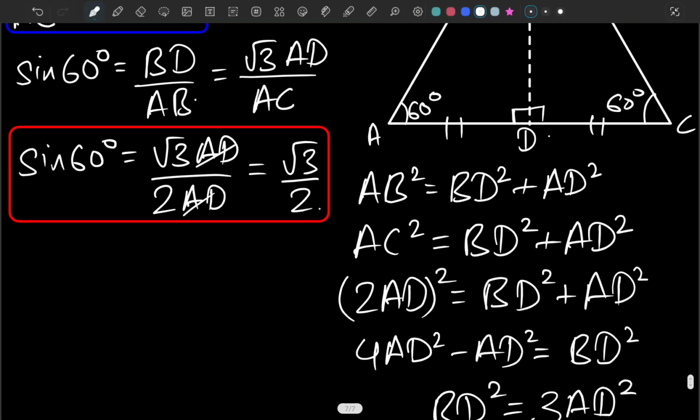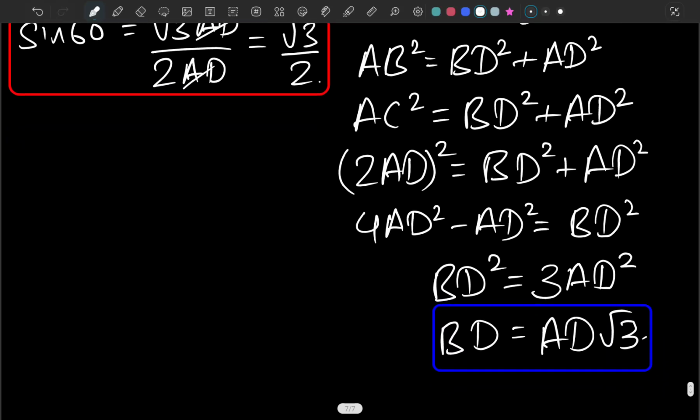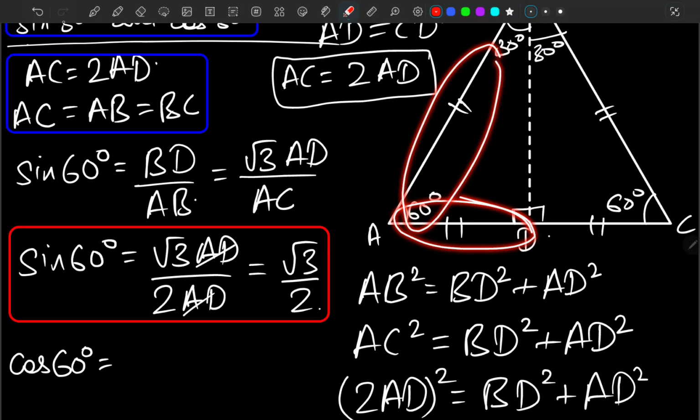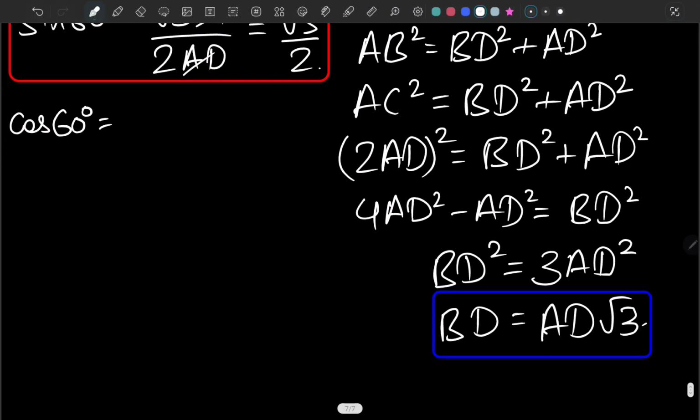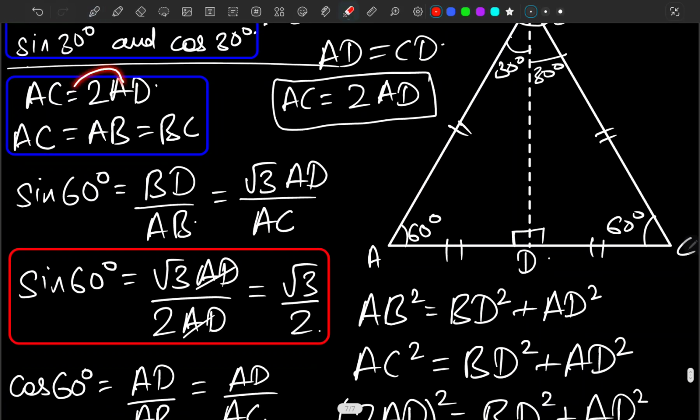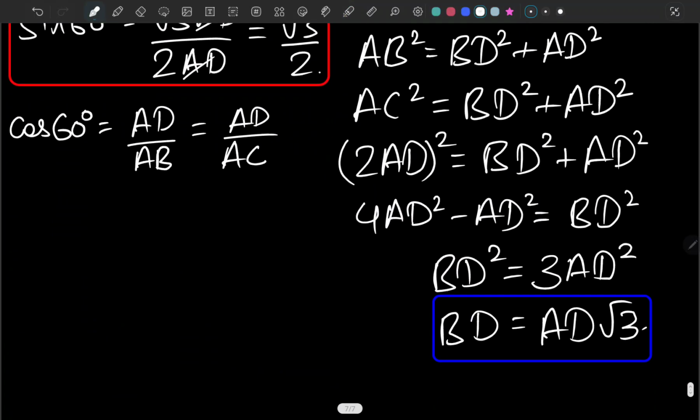And similarly, if we talk about cosine of 60 degrees, let's talk about that as well. Cosine is AD over this hypotenuse, right? AD over AB, and AB can be written as AC, and AC was 2 times AD, and hence we are left with 1 over 2.